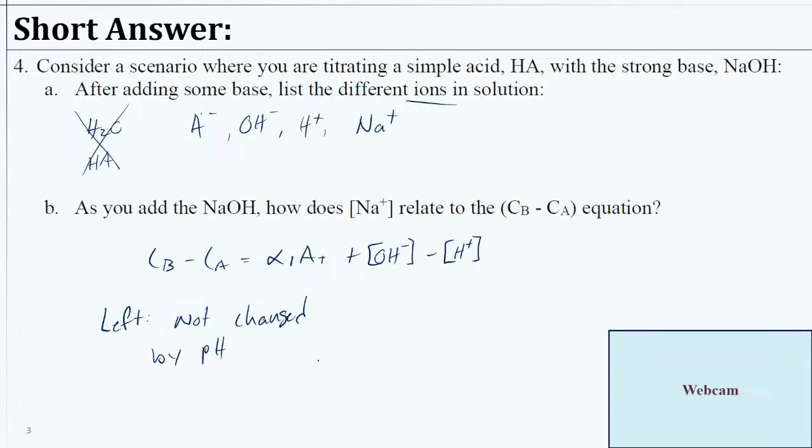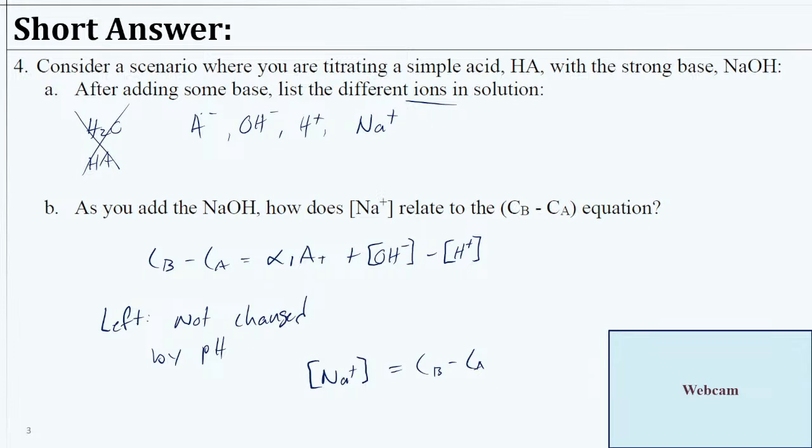So that means essentially our sodium concentration, because we don't have any other spectator stuff, is simply equal to Cb minus Ca. You could also write that it's equal to this guy up here. So I was hoping that you would recognize that the only source of sodium is this strong base, and so whenever you're adding base, you are also adding the sodium. It does not mean that the sodium is equal to OH minus, right?